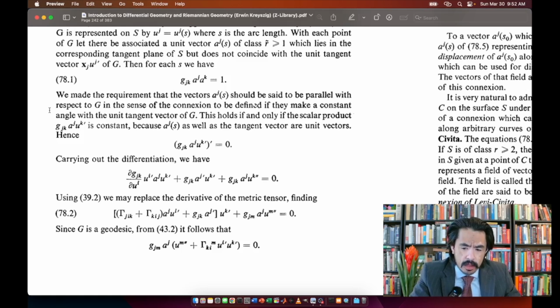Hence, the quantity (g sub jk a superscript j u superscript k prime) prime is equal to 0.